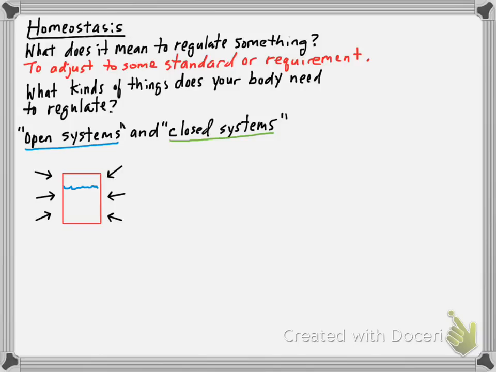If you look at this box and think of it as a closed system, and let's say there's some liquid in there, there's not going to be any exchange of materials between what's inside that box and the surrounding environment. That's pretty boring. That's not what we are. So again, you have no exchange of materials, and so that's not us.